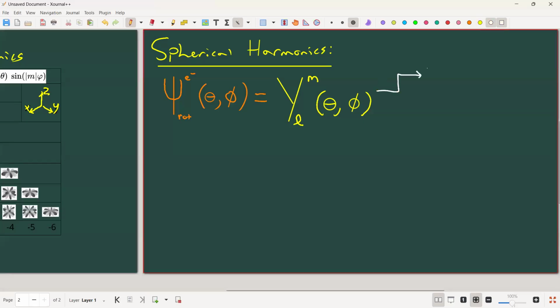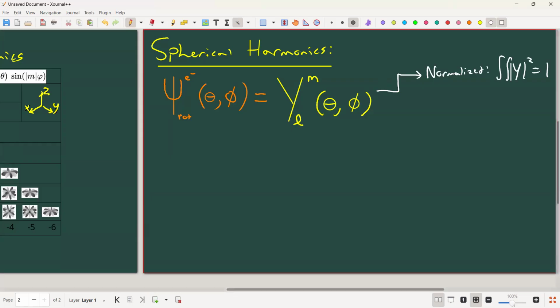Okay. And they have all the properties that we want. They're normalized. So the integral of Y squared is equal to 1. We'll have to look at that a little bit later. I'm not really sure how to integrate over these functions just yet, because we haven't really dealt with angles.